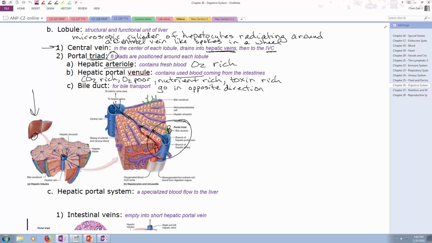But first, if it's the IVC, where does this blood go to? So our liver is going to dump this blood that it's processed via hepatic veins into the inferior vena cava. Where does the blood go to next?